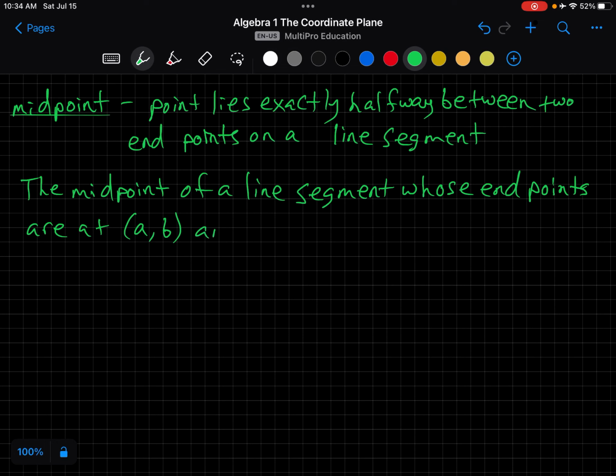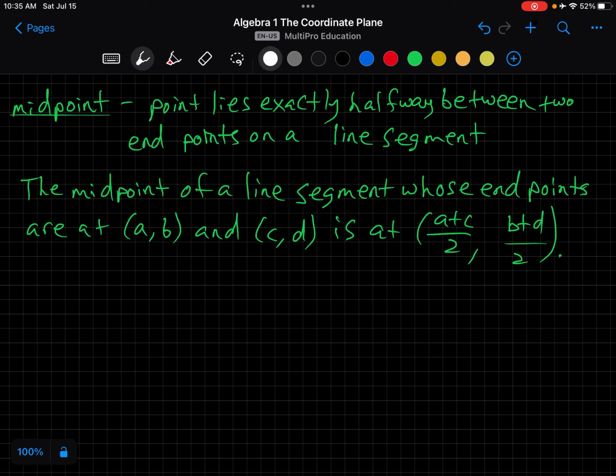We've been in Algebra 1 for quite a while. And C, D. So these are 2 points. And the line that connects between these 2 points has its midpoint at A plus C divided by 2. Oh, not ready to draw the end there. B plus D divided by 2.